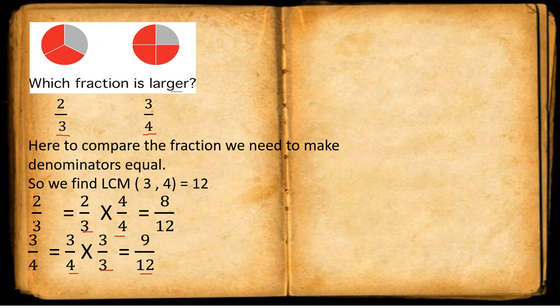Now we have the two fractions, 2 by 3 becomes 8 upon 12 and 3 by 4 becomes 9 by 12 with the same denominators 12. Okay, then now we can compare the two fractions.